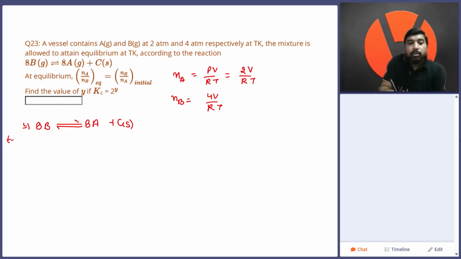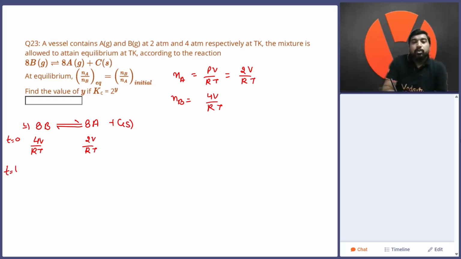So initially, at time 0, how many moles of B are present? Moles of B are 4V upon RT. And how many moles of A are present? This is 2V upon RT. Suppose after a certain time equilibrium will establish.